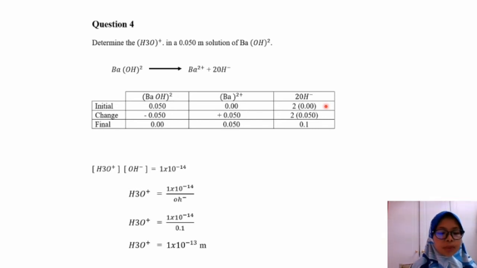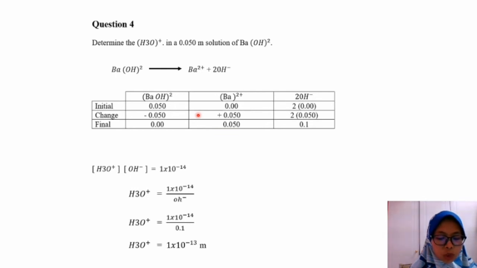So change means that it will dissociate. Since it's a strong base, it will dissociate completely, so there will no longer be any Ba(OH)2. That's why at change we minus 0.050 because there's no more, and then the product here shall be the same amount.